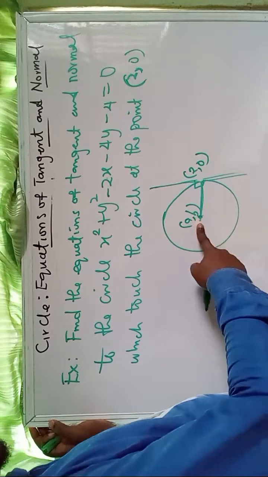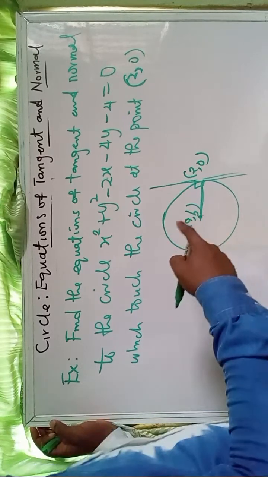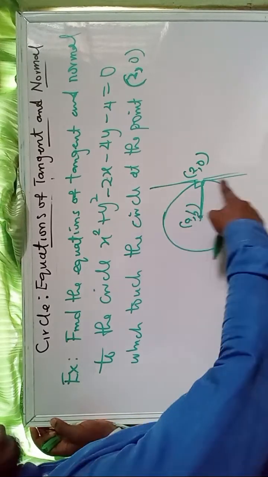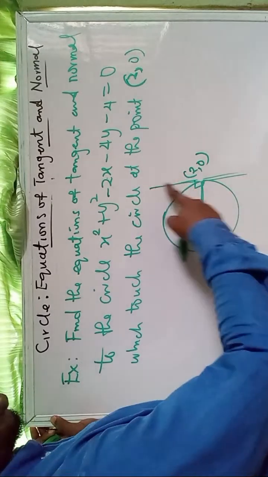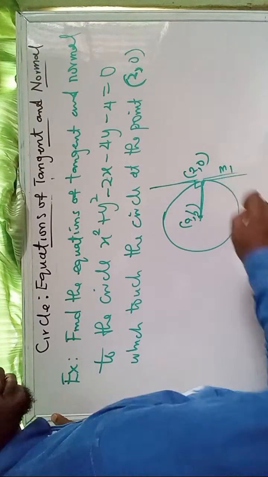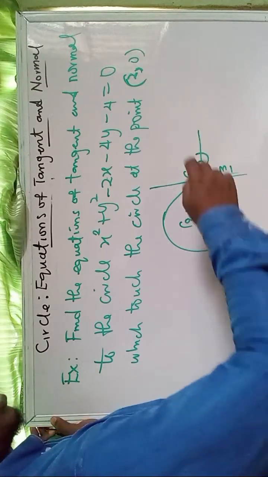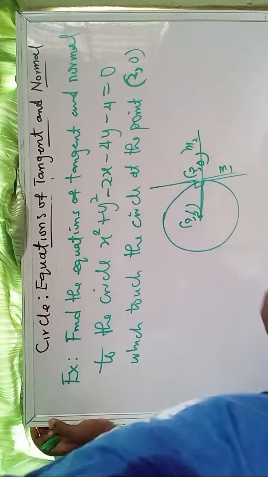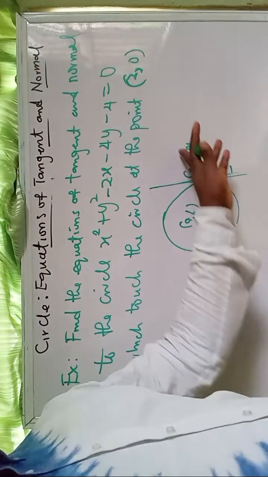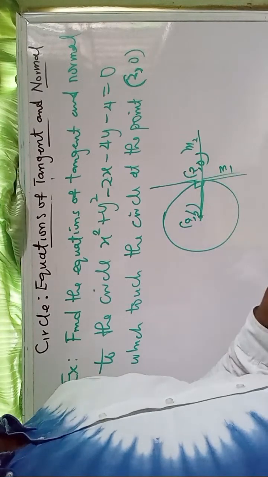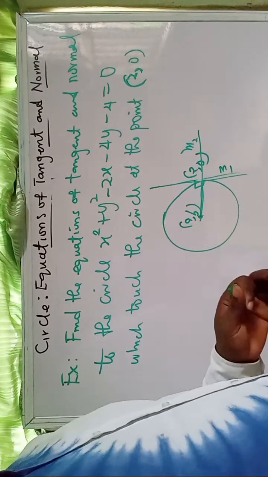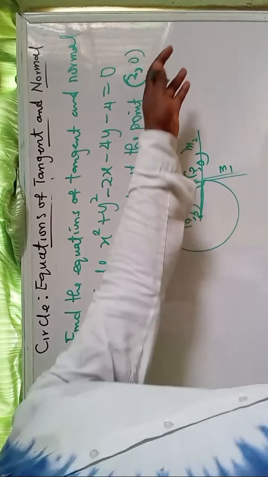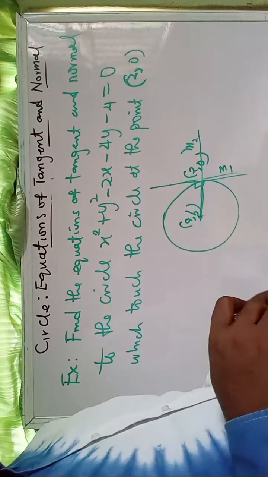After getting the coordinate of the center, that will enable us to get the slope of this line. After we get the slope of this line, we make that m1, and then we get the slope of the second line, we make that m2. Having gotten the two slopes, we can now form the equations. So let's quickly see that.